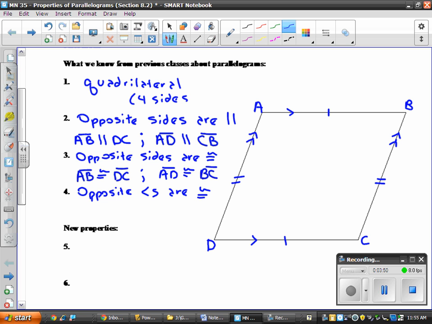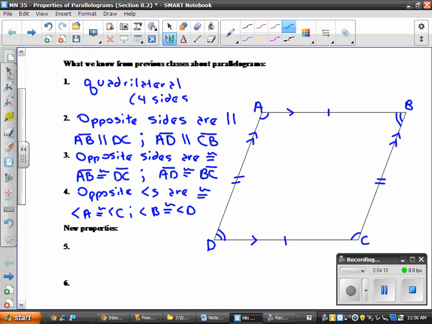And again, just to get into more of the technical writing, we have angle A is congruent to angle C, and angle B is congruent to angle D. And again, let me write that notation on, or signify that information on our parallelogram.